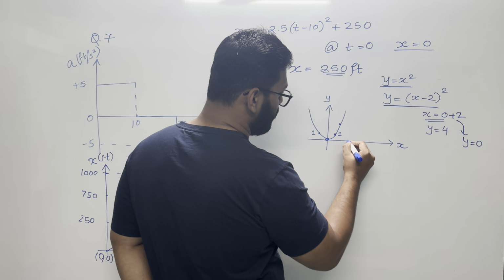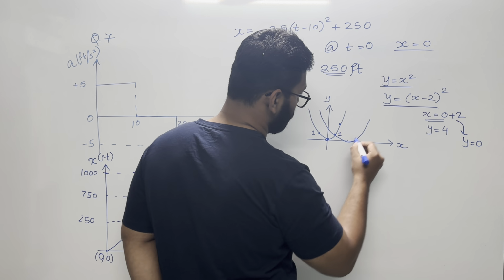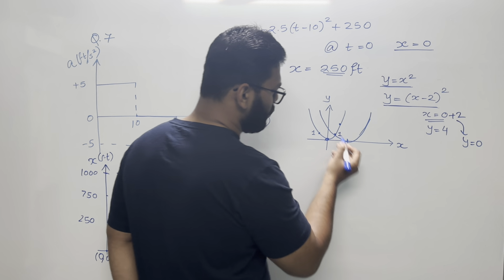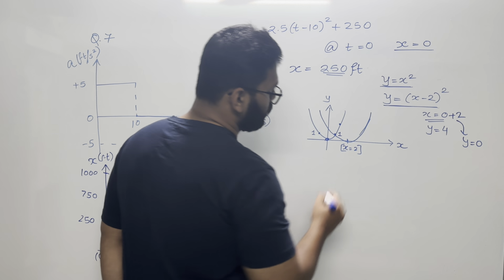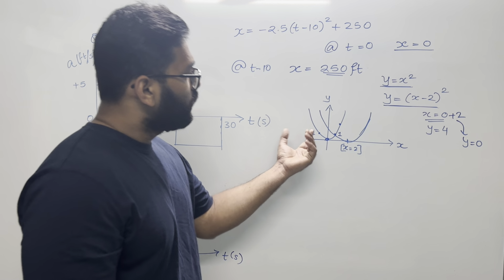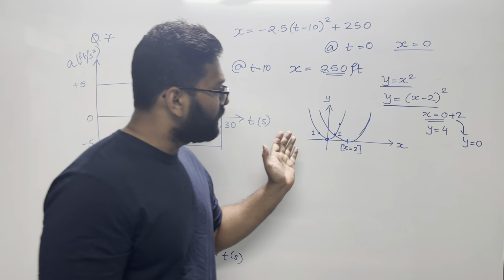So you can see that this graph has gone like this. Mind you the slope. So here the x is equal to 2. You can see for x minus 2, the whole graph shifts by 2 in the right direction.